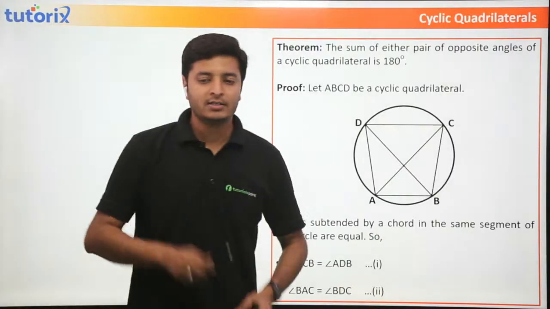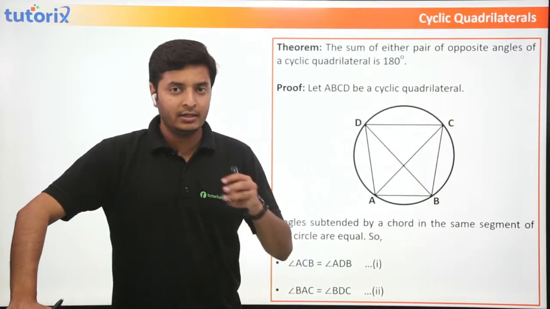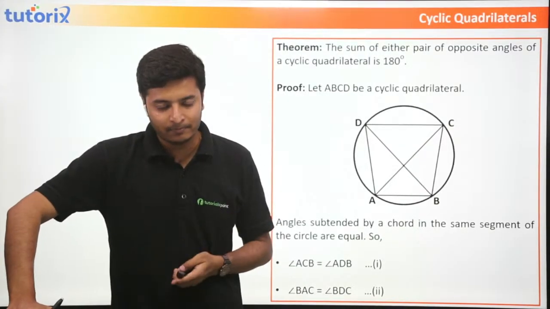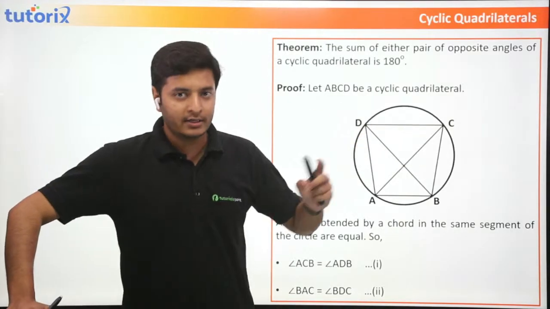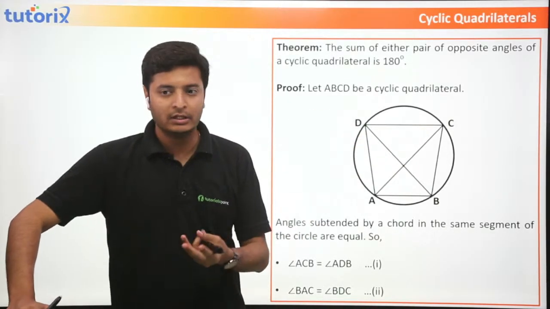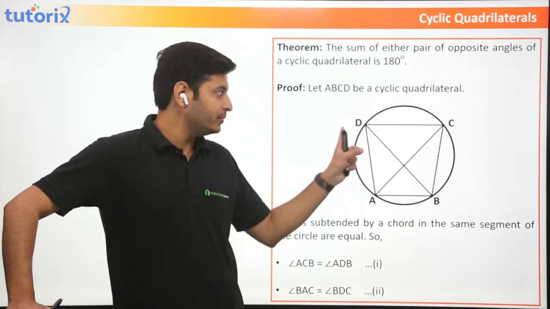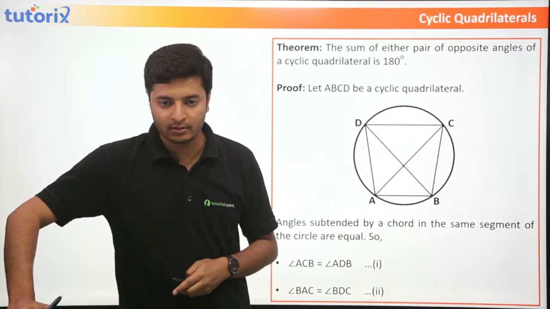A cyclic quadrilateral is something which is inside a circle, which is circumscribed by a circle. Now, a quadrilateral has four sides and four vertices, and all the vertices should be touching the boundary of the circle, the circumference of the circle.